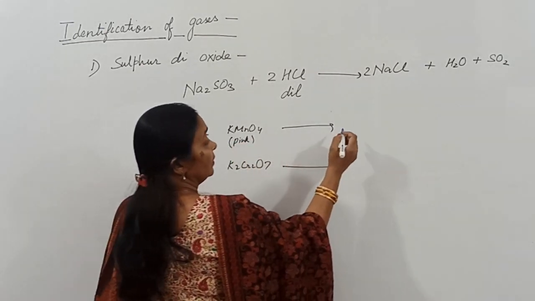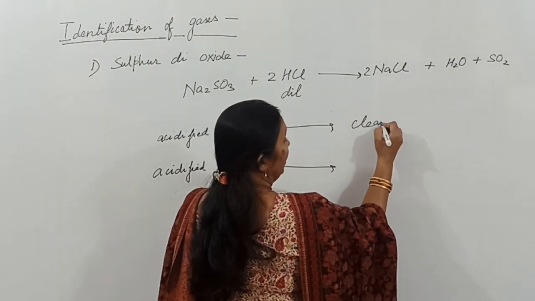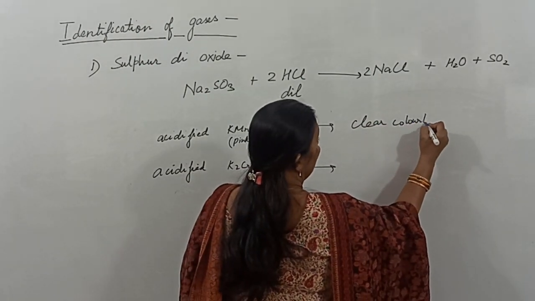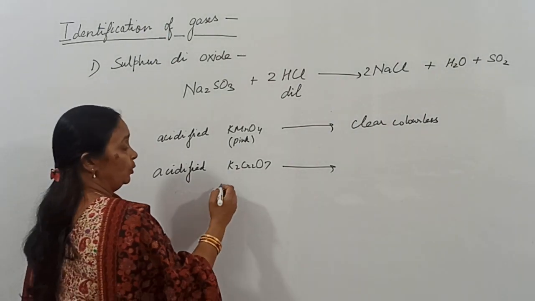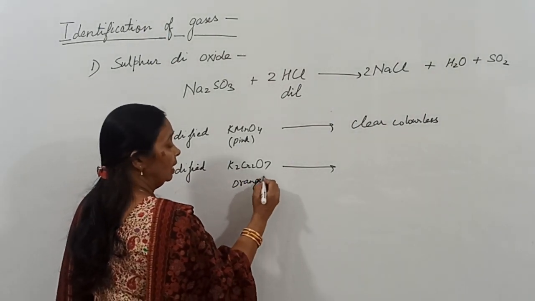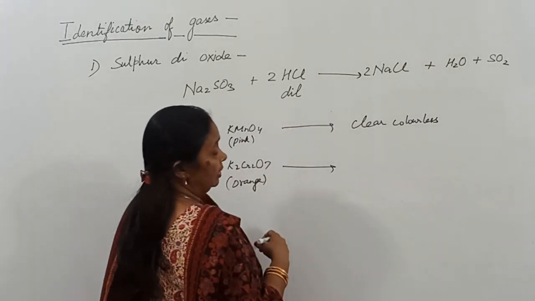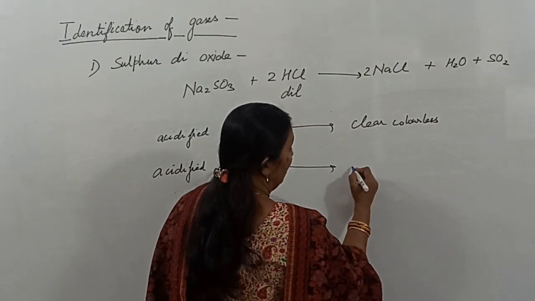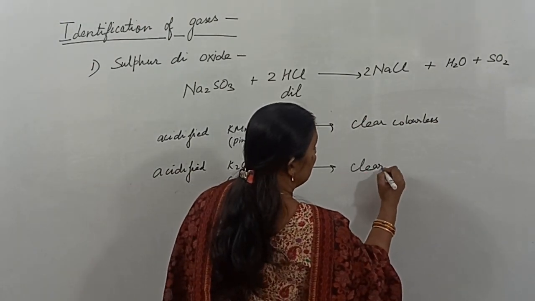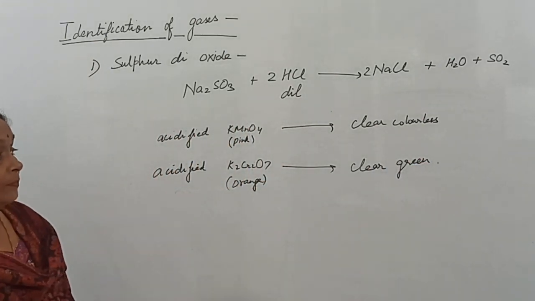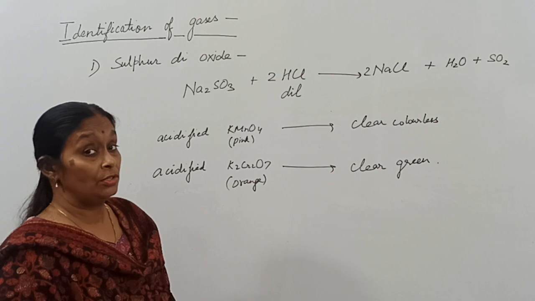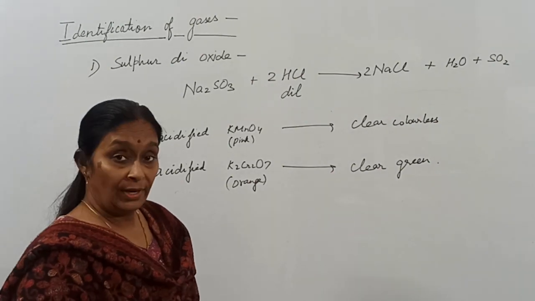When you pass sulfur dioxide through acidified KMnO4, which is actually pink in color, it turns from pink to clear colorless. And acidified potassium dichromate, which is orange in color, on passing sulfur dioxide, will turn from orange to clear green in color. So this is one test which is different from carbon dioxide.